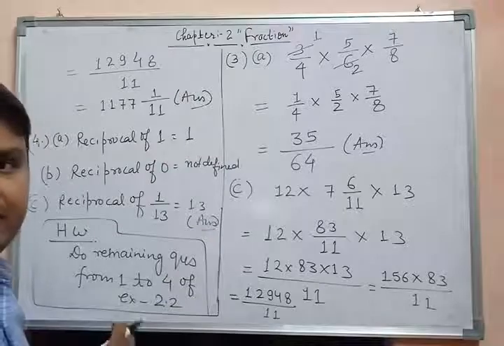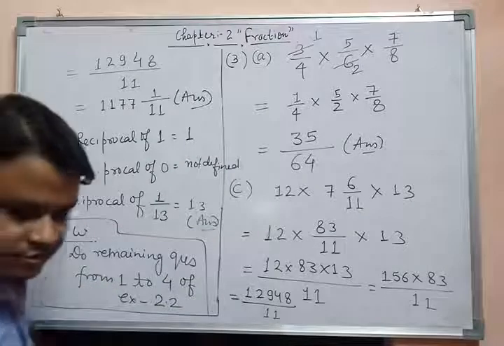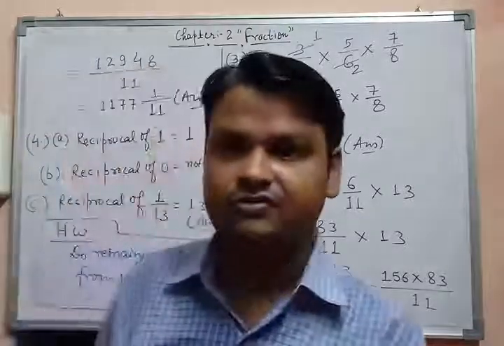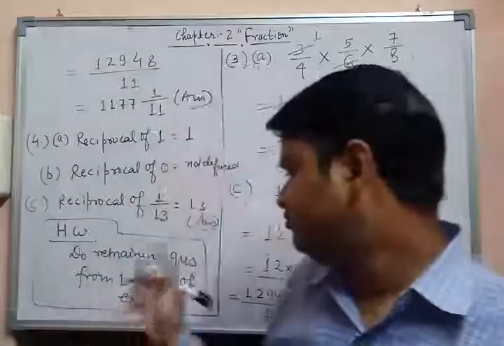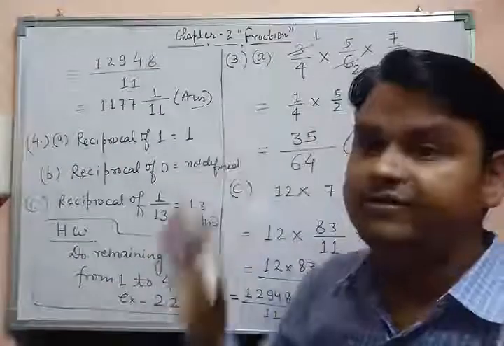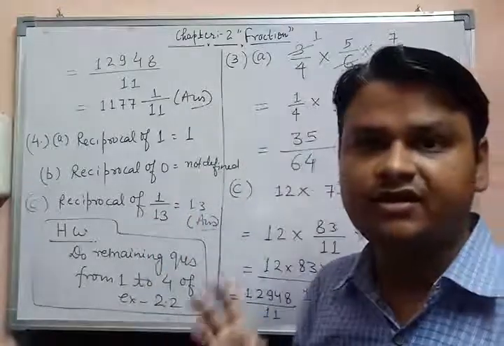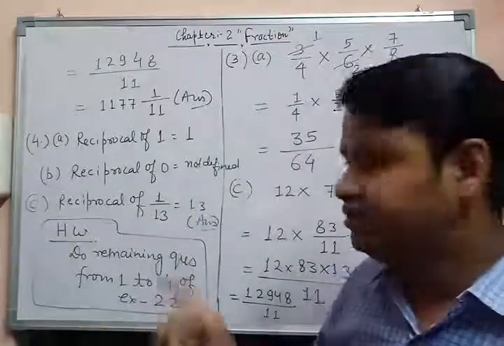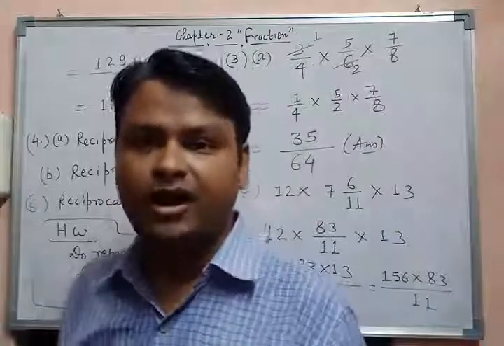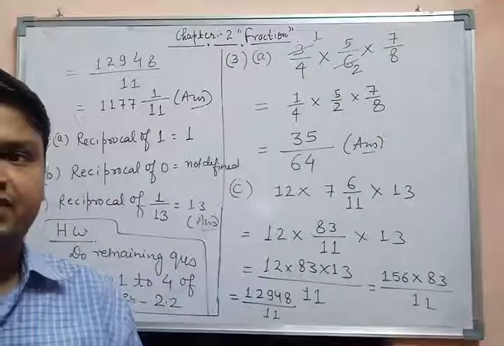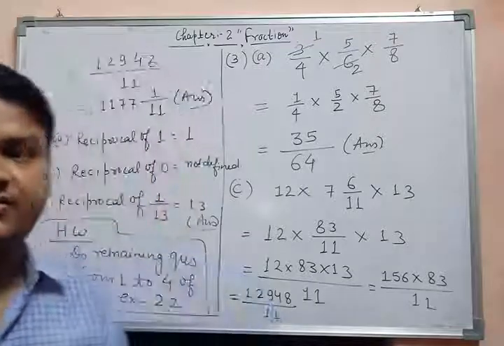Okay students, so write the homework that today's homework is do the remaining questions. Some questions are left, so it's your duty that all the remaining questions you have to solve by yourself. Okay students, thank you very much for being with us.